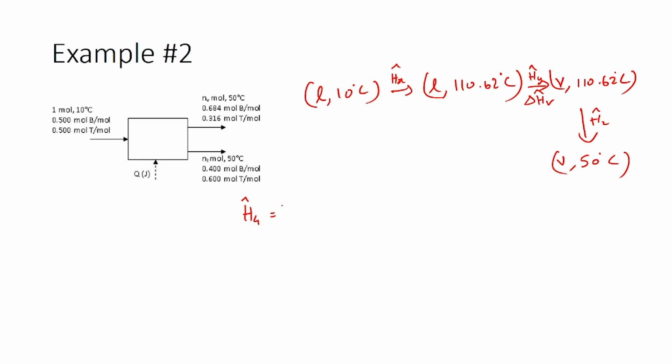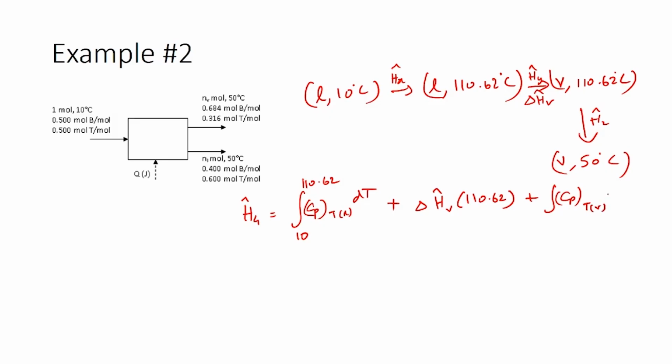For Hx cap, you have only a change in temperature, so it will be the integral of Cp of toluene liquid dT from 10 degrees Celsius to 110.62 degrees Celsius, plus delta H cap V at the standard boiling point of 110.62 degrees Celsius, plus the integral of Cp of toluene vapor dT, where it is cooled from 110.62 to 50 degrees Celsius. So, this will give you the value for H4 cap. Using these calculations, we can get all the 4 enthalpy values.